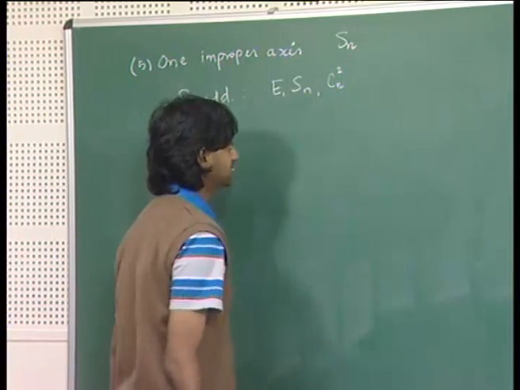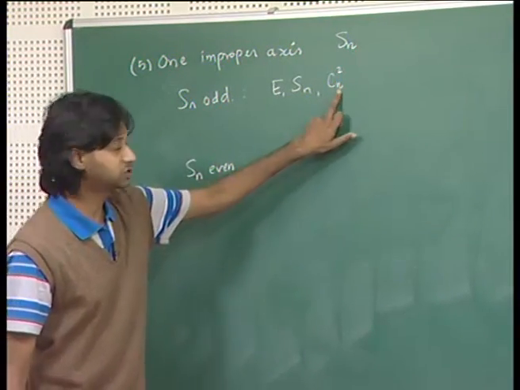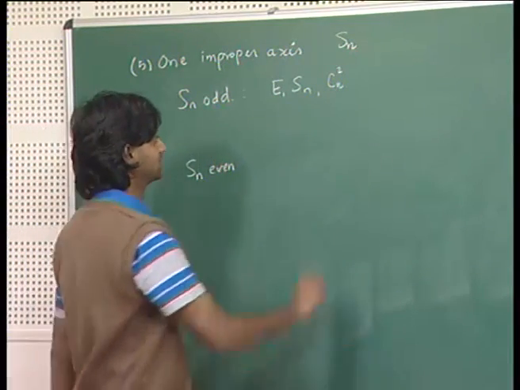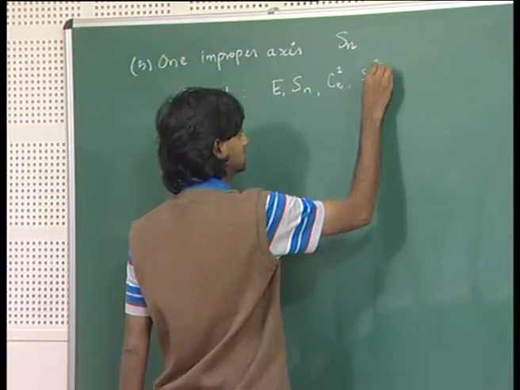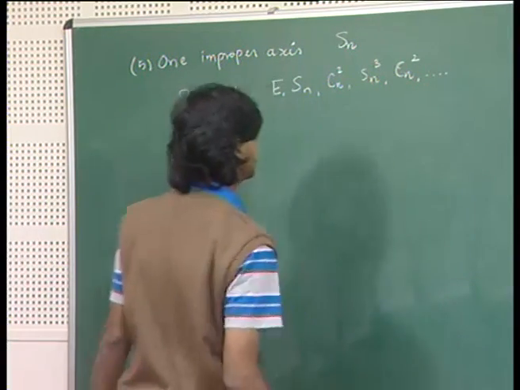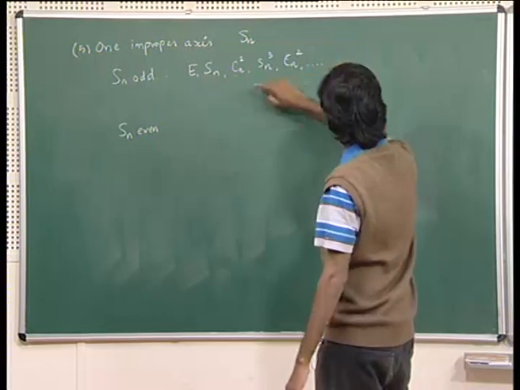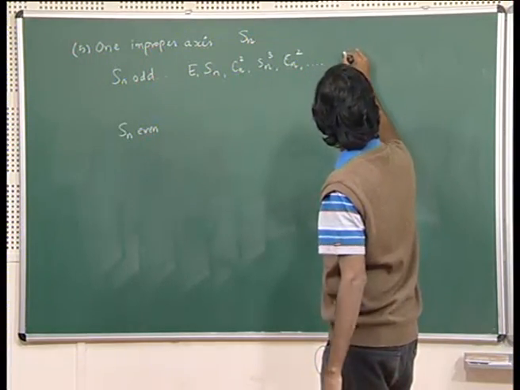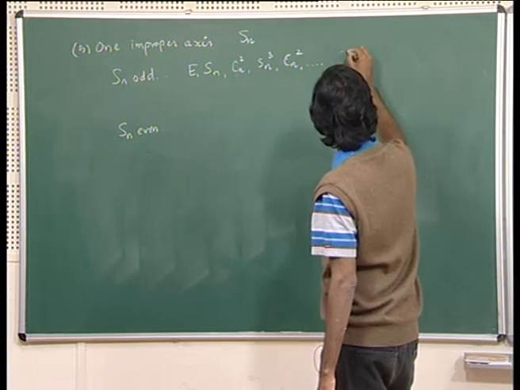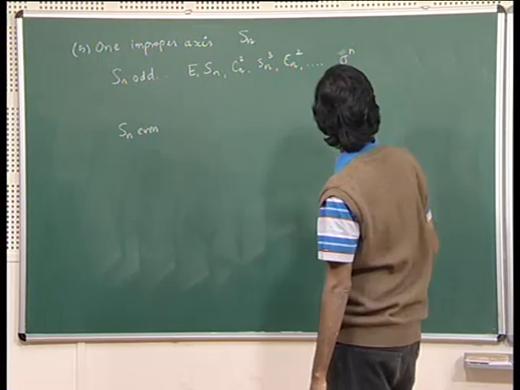Then Sn cube is Cn cube into sigma. Sn4 is Cn square, and so on, all the way up to Sn raised to n, which is just sigma raised to n.